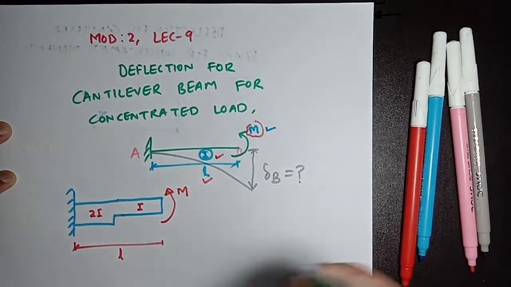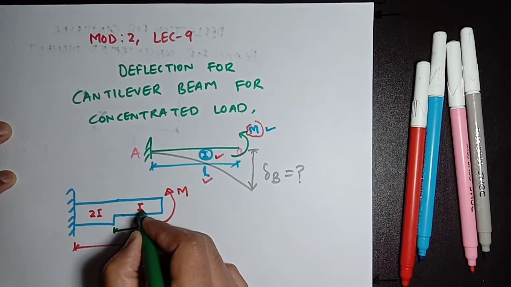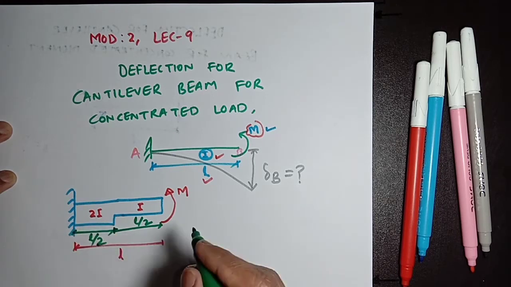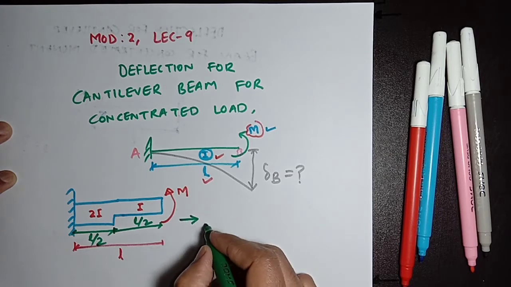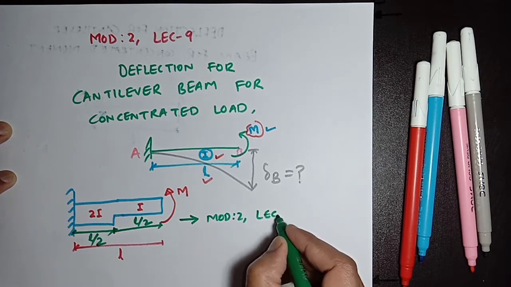And here half of the length will have a moment of inertia I, and half of the length will have a moment of inertia of 2I. This example will be solved in module 2, lecture 10.